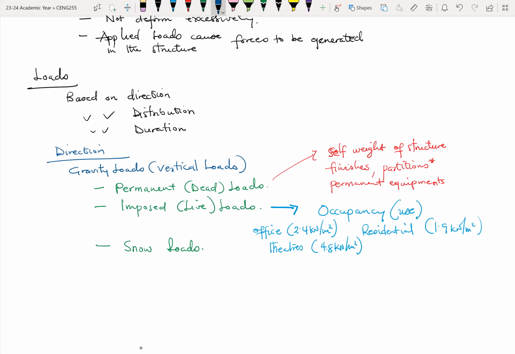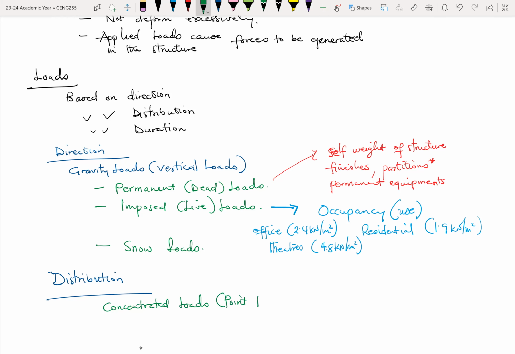Then in terms of distribution, we have what we call concentrated loads. Okay. So we have concentrated loads, or what we call point loads.